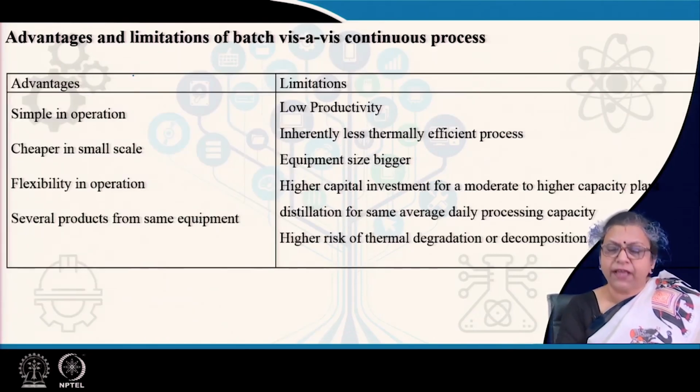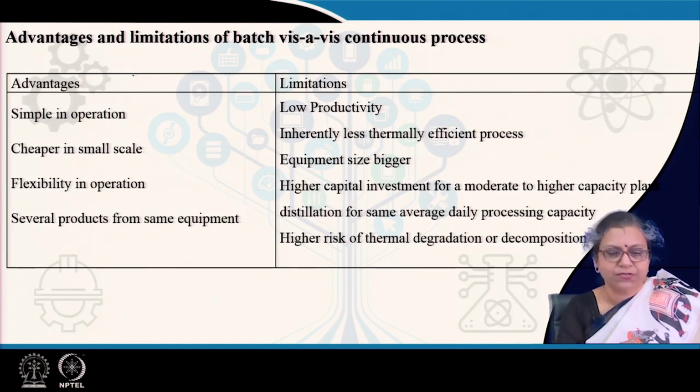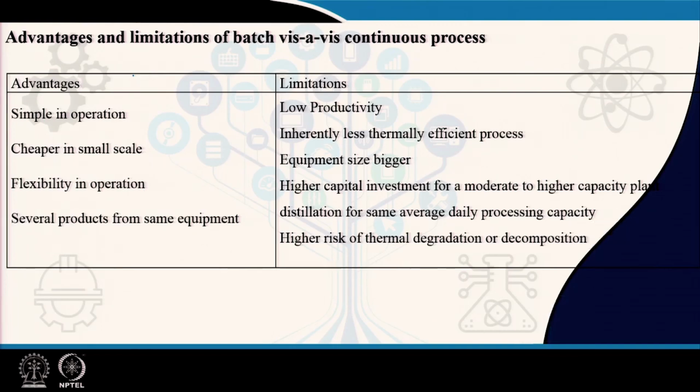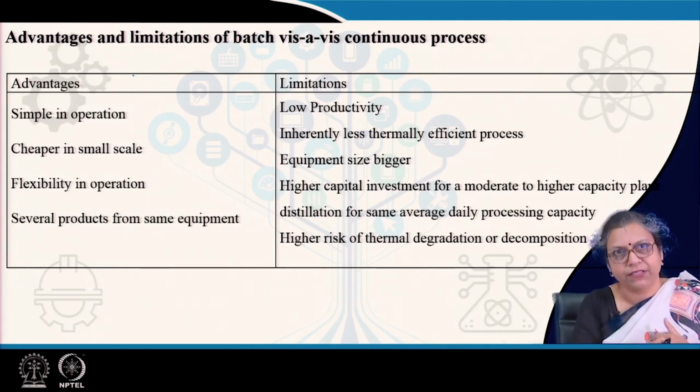So, just summarizing the advantages of a batch process vis-a-vis a continuous process, the first thing, it's very simple in operation. There are not many control parameters. Definitely on a small scale it is cheaper, but this does not apply when we go for a larger scale, because we have to remember that the size of the equipment is larger compared to a continuous operation for the same capacity.